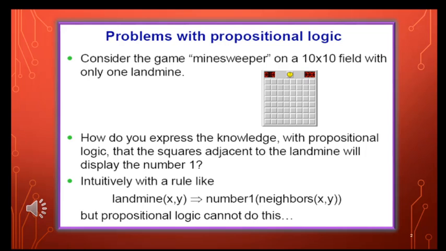But you couldn't have variables that stood for tables or books, or the temperature, or anything like that. And as it turns out, that's an enormously limiting kind of representation.